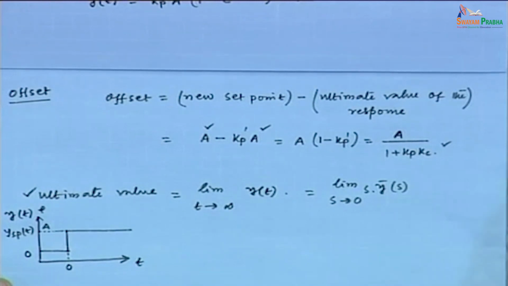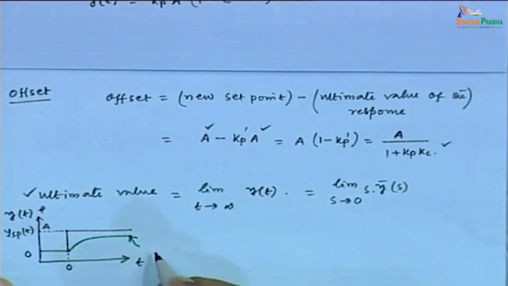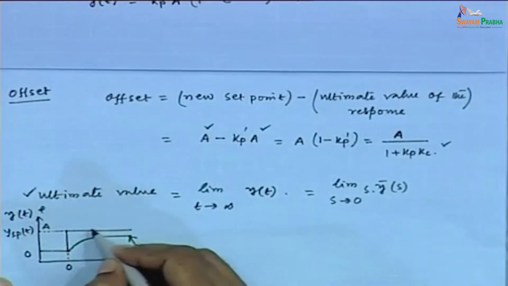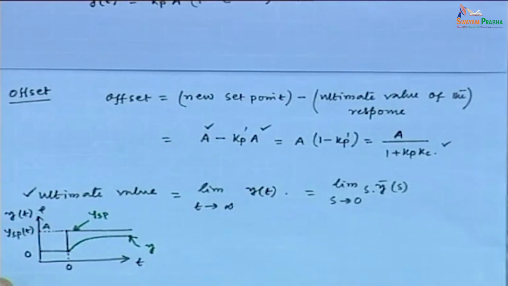Now, the process under P only control responds like this. This is the process response under P only control y, and this is representing y set point.